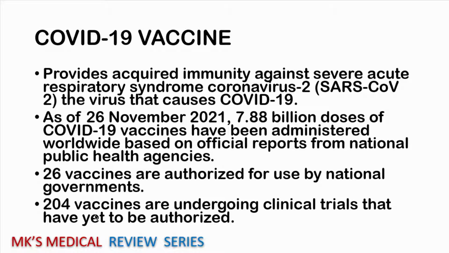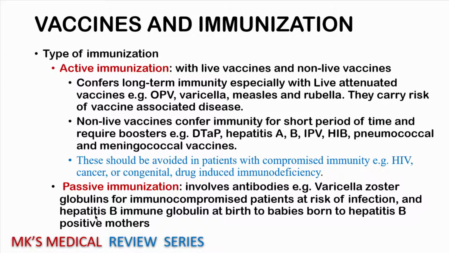As of November 26th, about 7.88 billion doses of COVID-19 vaccines have been administered worldwide, based on reports from national public health agencies. There are about 26 vaccines authorized for use by national governments, and 204 vaccines currently undergoing clinical trials that have not yet been authorized.